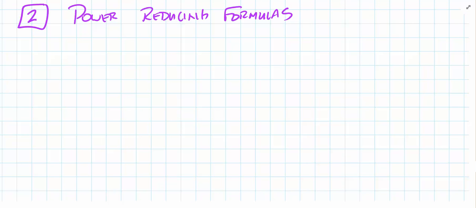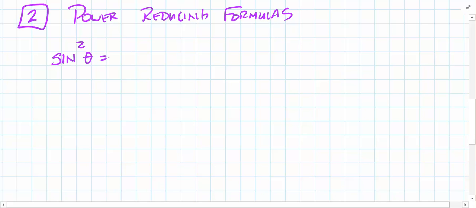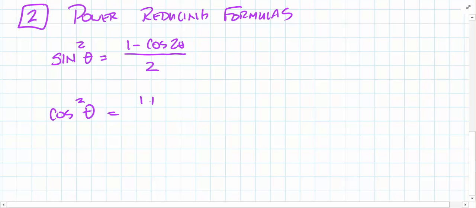The power reducing formulas, if they're not in your toolkit, make sure you put them in there. We have sine squared theta is equal to 1 minus the cosine of 2 theta, all divided by 2. So that's one of them. The cosine squared of theta is 1 plus the cosine of 2 theta, all over 2.